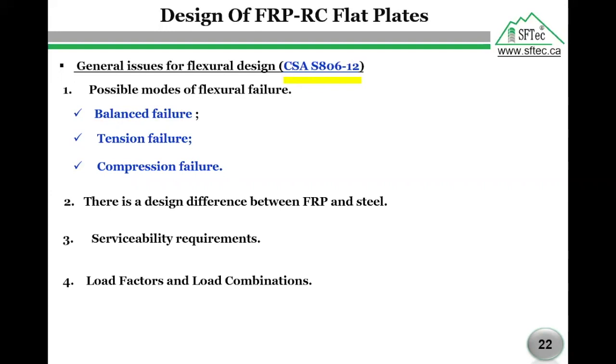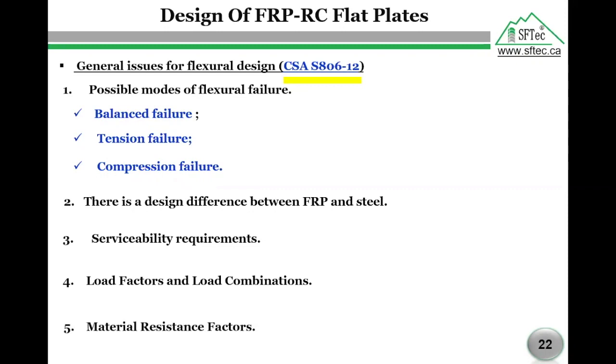Load factors and load combination. The Canadian standard S806 uses the same load factor as in the Canadian standard A23.3 of the year 2014 for steel structures. Load combinations are also the same as in the Canadian standard A23.3, which are based on the National Building Code of Canada.